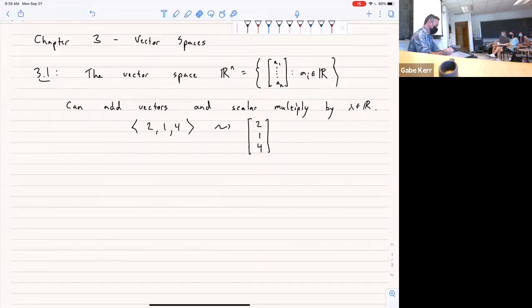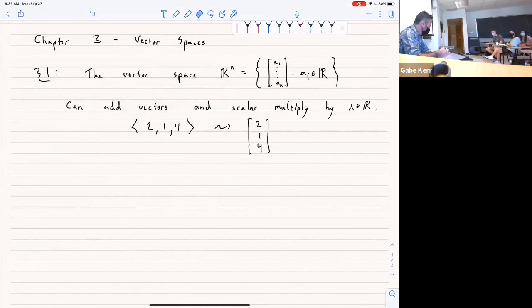What else can we say about this vector space? We can also talk about the definition of a subspace.